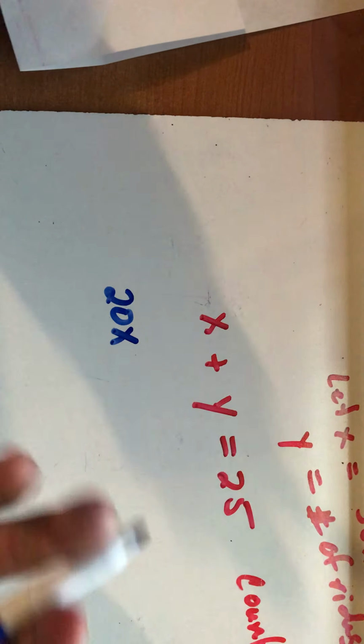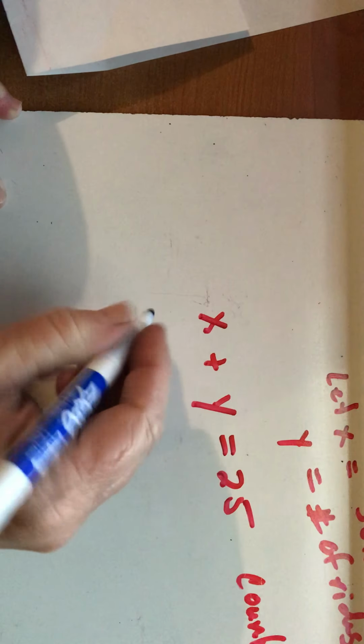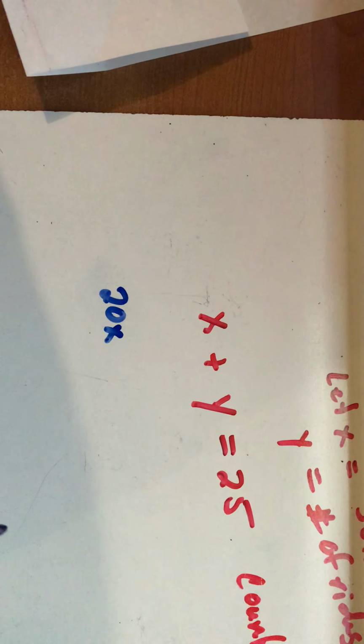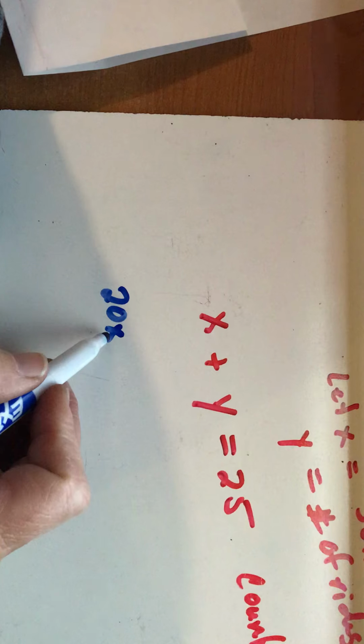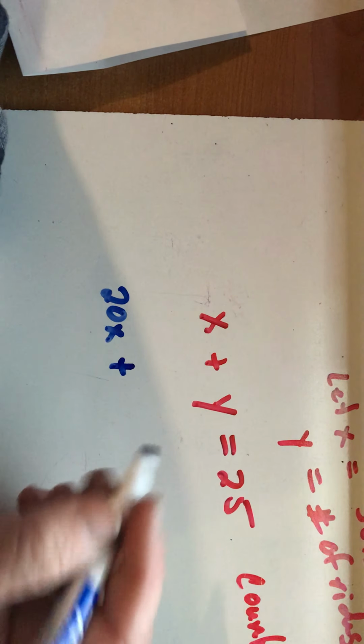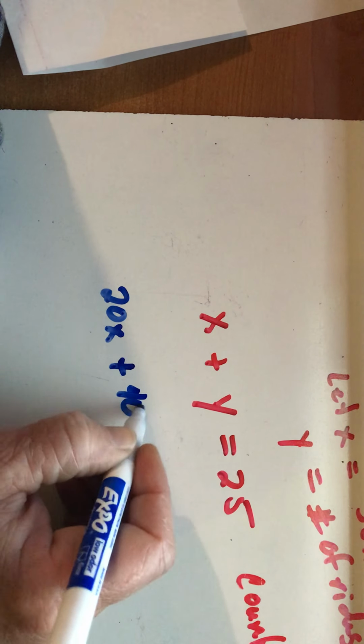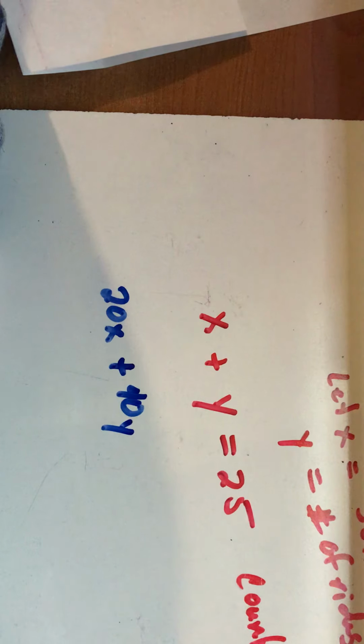That's kind of messy, let me rewrite this. There we go. So $20 times however many of these. And the riding mowers are more. They cost $40. So $40 times however many riding mowers there are. And then it tells you the total was $900.